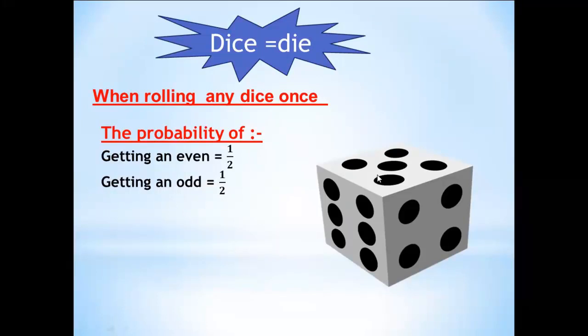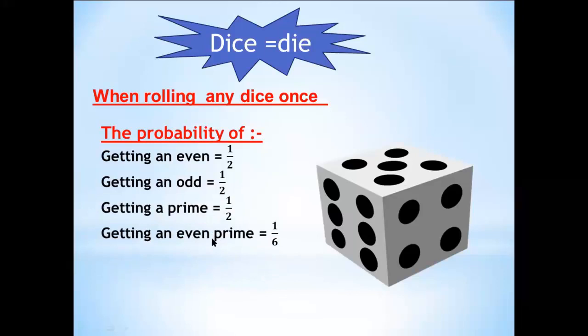Yes, open your mic and tell me the probability of getting a prime number. 1 over 2. Let's see together, prime numbers such as 2, 3 and 5. Excellent. So the probability of a prime number is 1 over 2. Now what's the probability of getting an even prime number?